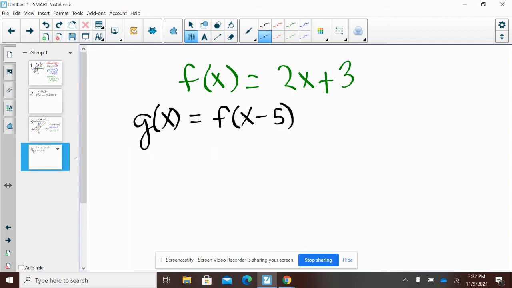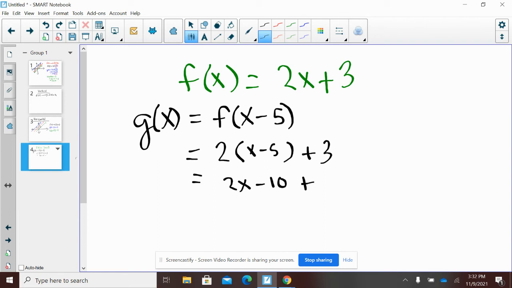Let's see how that affects it. Instead of an x in the original, we're going to have an x minus 5. So since our original was 2x plus 3, our x is now going to be an x minus 5, right? That's what we're inputting into the function. Instead of an x, we're inputting an x minus 5. So when I distribute that 2 into the parentheses, I get 2x minus 10 plus 3. When I combine like terms, I get 2x minus 7.